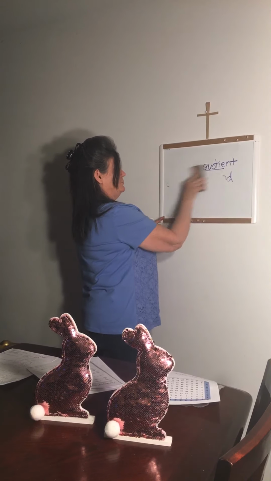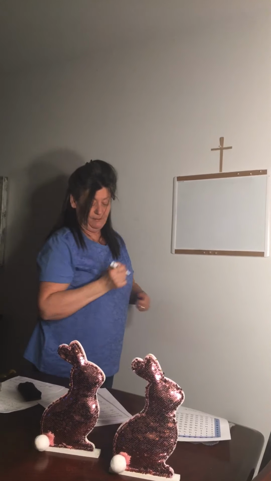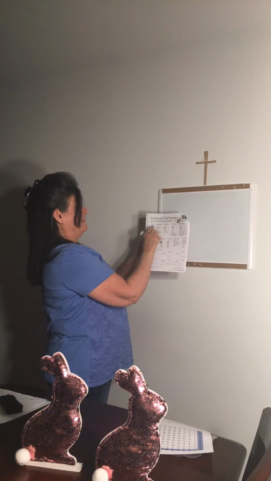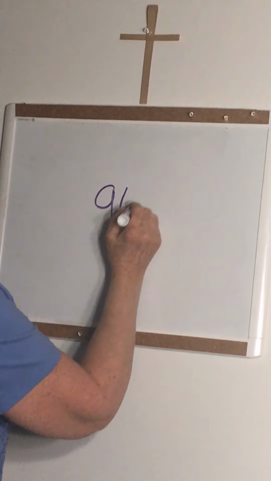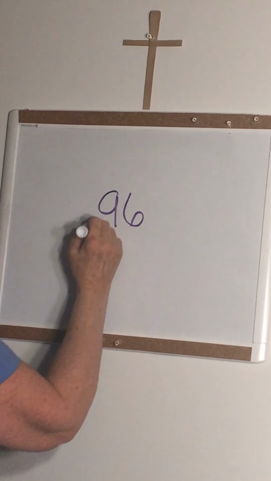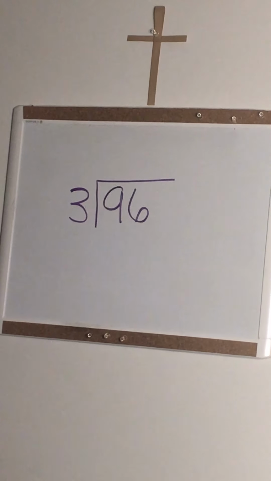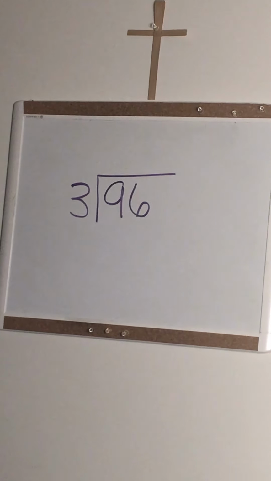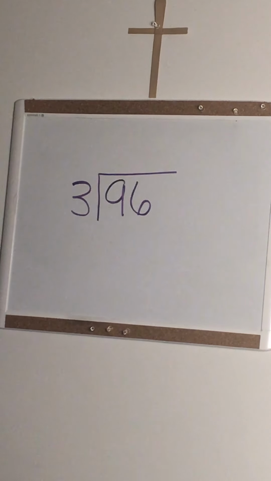So now we're going to do a little harder division problems. This problem I'm doing right here: 96 divided by 3. Okay? So you're getting older now and getting farther on in division. So we have some little rules now.